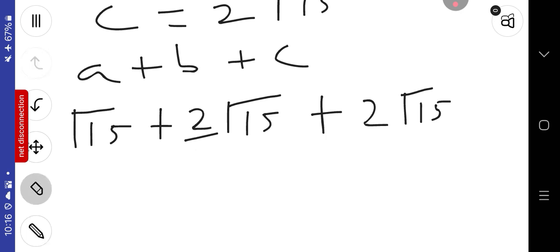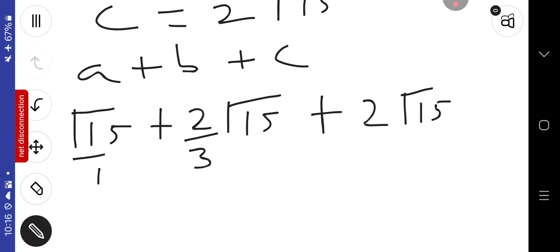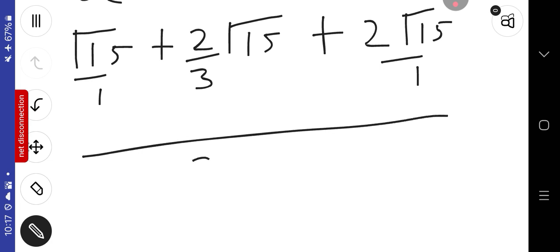Now this is 3. So here we are adding all of them. So you're going to find the LCM. This is over 1. This is over 1. So the LCM is going to be 3. Now, 1 goes here 3 times.